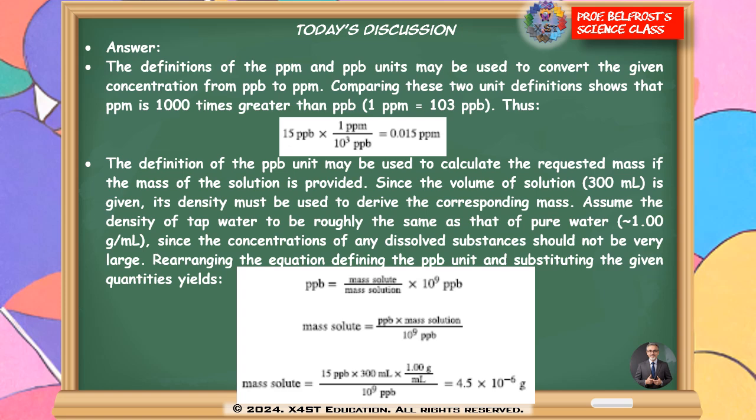We assume that pure water is used here, which is about 1 gram per milliliter in density. By rearranging all the equations needed, we can get the result. The mass solute is ppb times mass solution over 10 to the 9 ppb. So mass solute is 1.5 times 10 to the minus 5 gram, which is actually 15 micrograms.